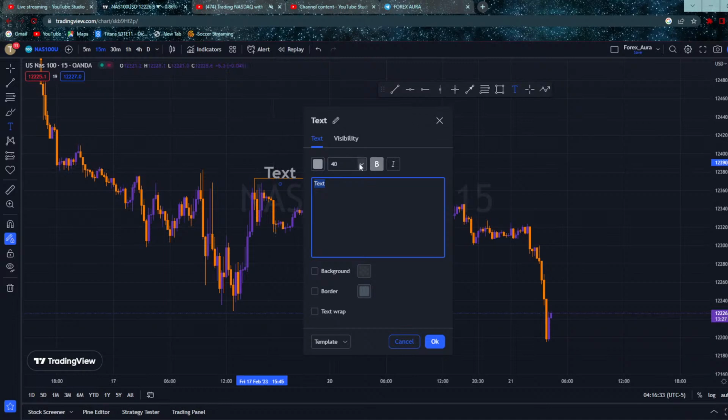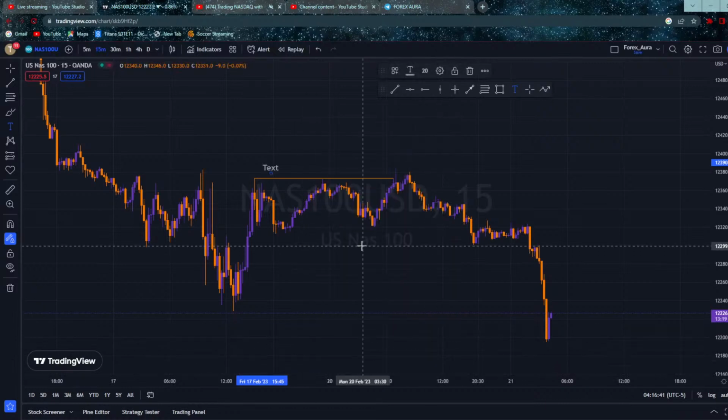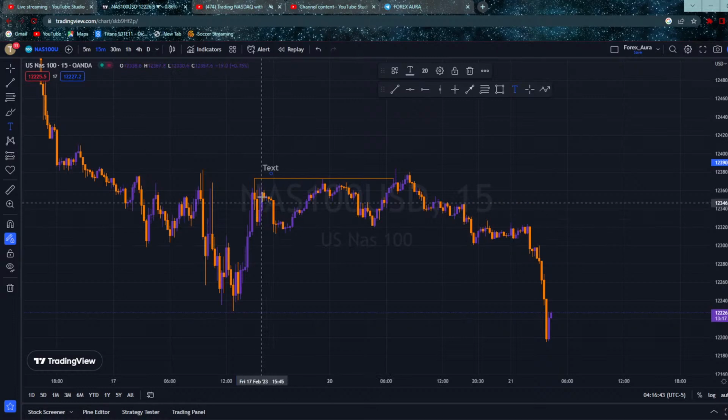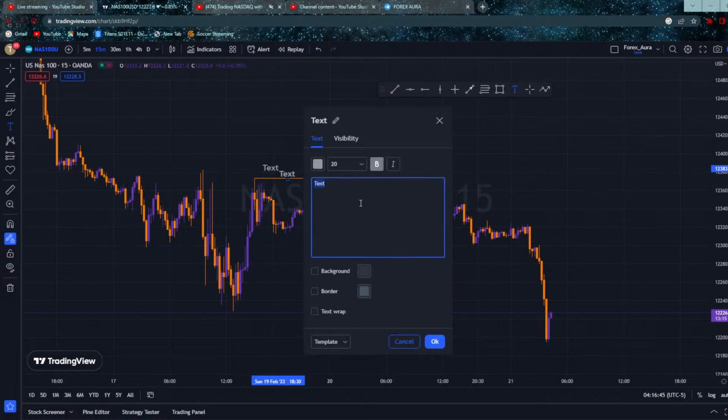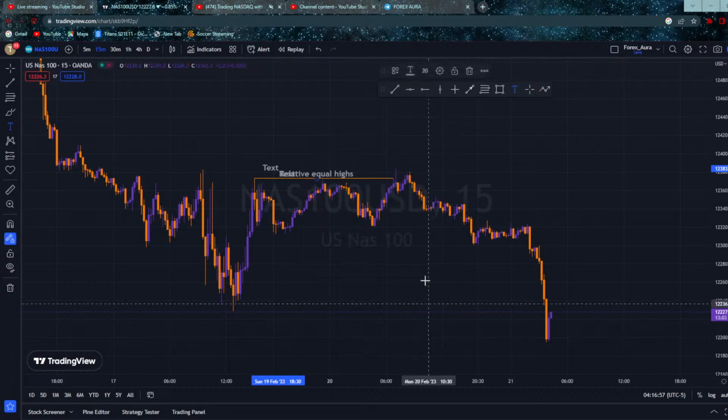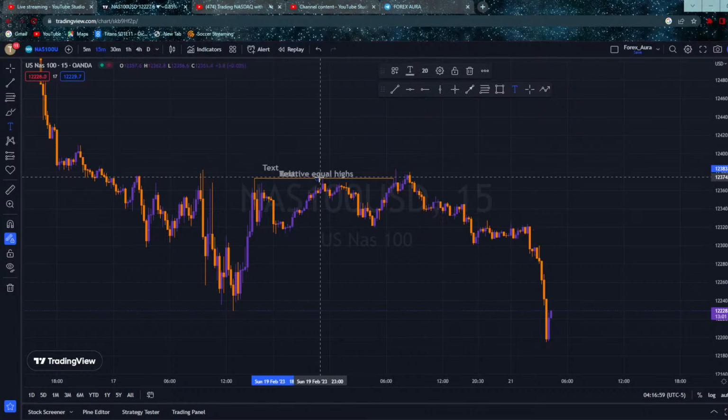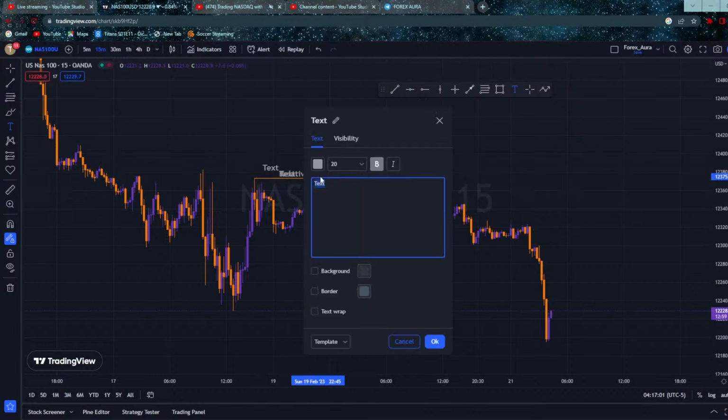Change the font size, it's too small. Okay, medium, that's fine. Relative equal highs, right? Or you can just say your buy stops lie there.